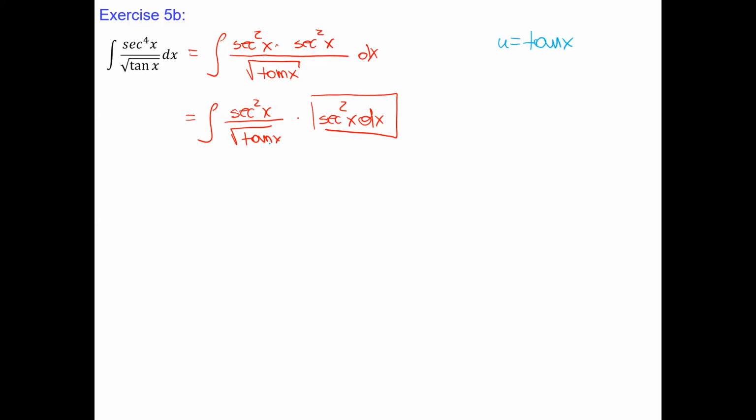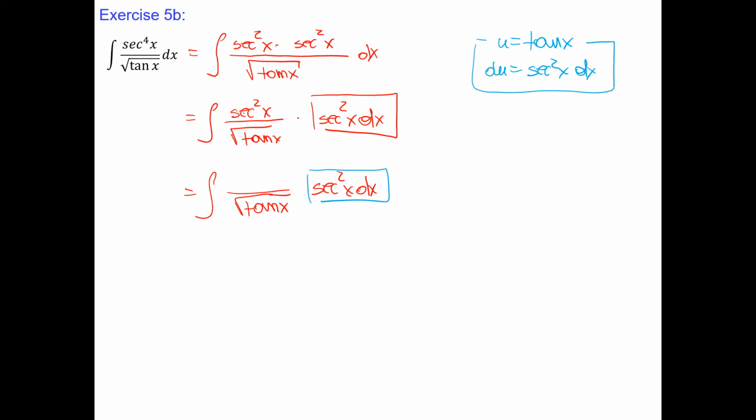But since we will let u be tangent, it would be nice to rewrite the other secant square in terms of tangent. This will be u, this will be du, because I can even write du is secant square of x dx. Perfect, that's the du.